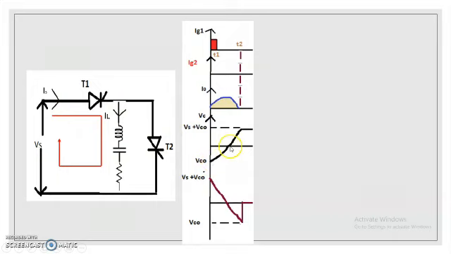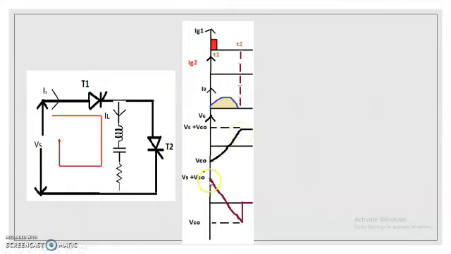to Vs plus Vc0. At the time when the load current becomes 0, the capacitor voltage would be Vs plus Vc0. Here, the inductor is connected in series with the capacitor. Therefore, the inductor voltage will decrease as the capacitor voltage increases.